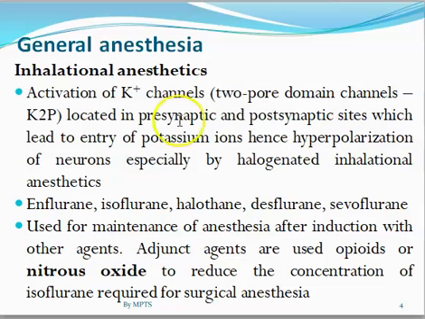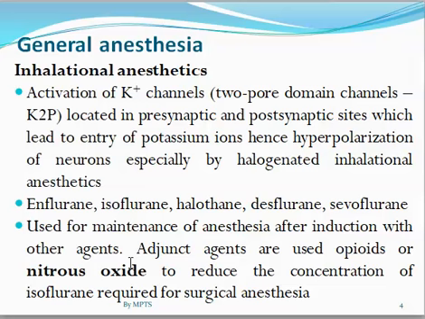Now, which are those inhalation anesthetics which we have in pharmacies? We have enflurane, isoflurane, halothane, desflurane, sevoflurane. These are used for maintenance of anesthesia after induction with other agents.